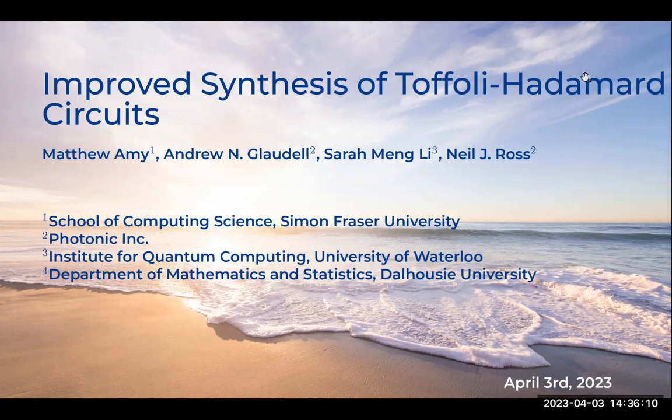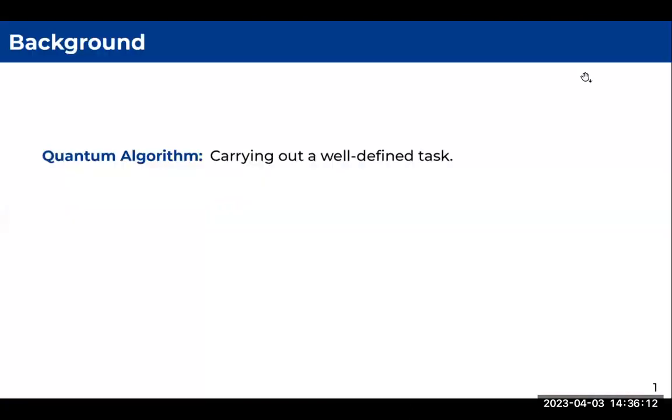So let's get started. Before we talk about the technical details, I want to first motivate the circuit synthesis problem, or more generally, quantum circuit compilation, because for most people working in semantics or programming languages, it may be a bit strange why we're thinking about decomposing unitaries. The reason is quantum algorithms can carry out much more powerful computational tasks than some classical algorithms.